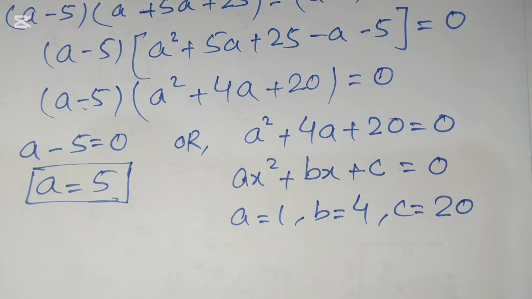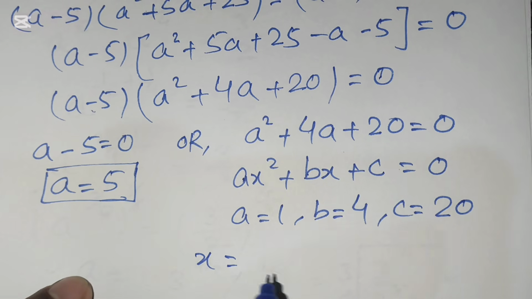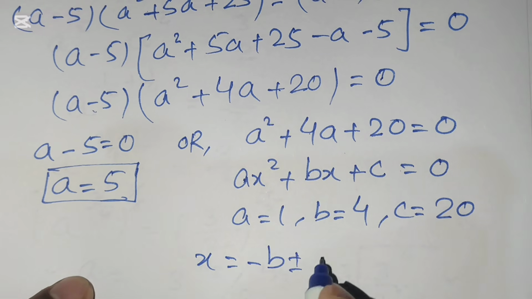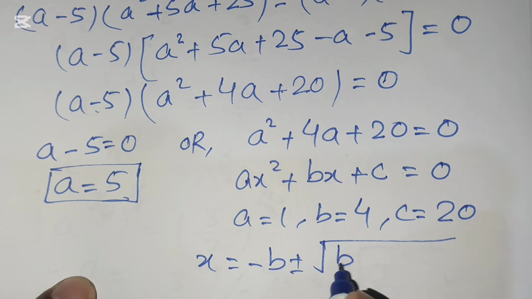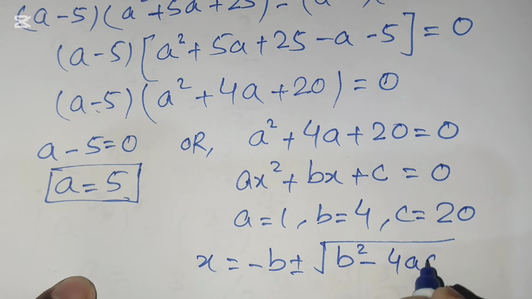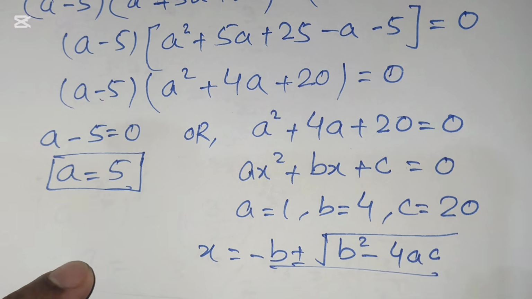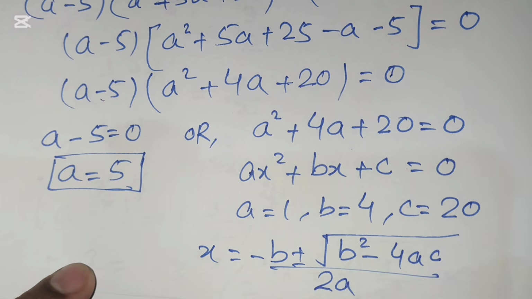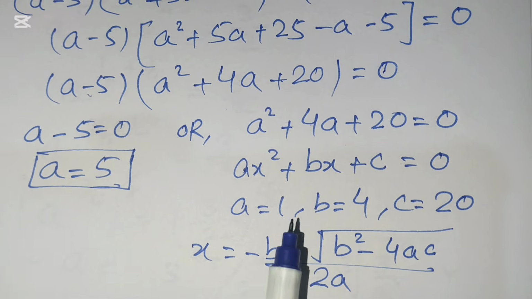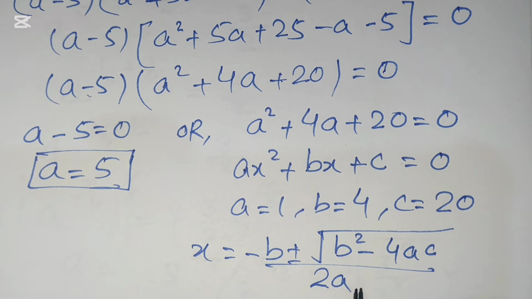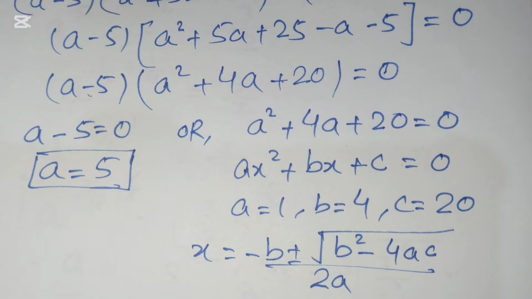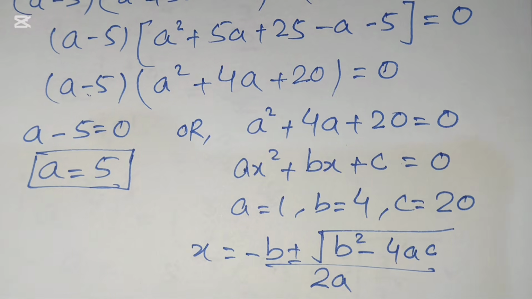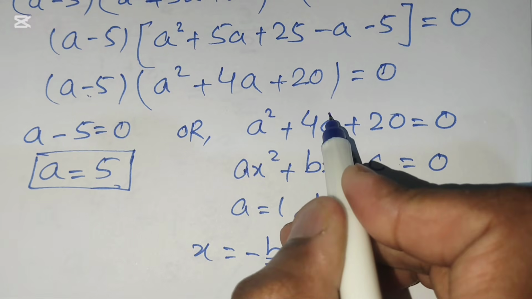Now we will use the formula x equals minus b plus minus square root of b square minus 4ac, all over 2a. We will put these values of a, b, c here.